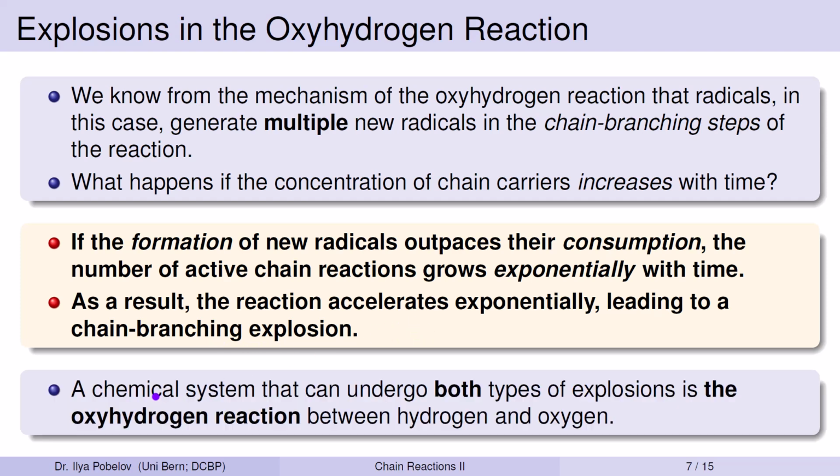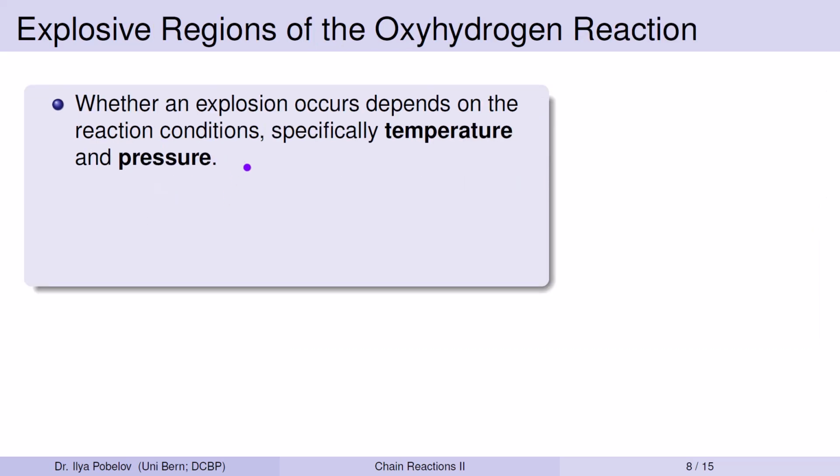A chemical system that can undergo both types of explosions is the oxyhydrogen reaction between hydrogen and oxygen. Whether an explosion occurs depends on the reaction conditions, specifically temperature and pressure.